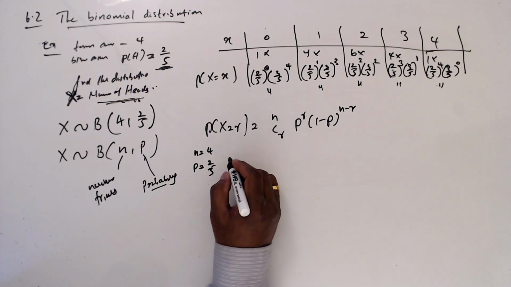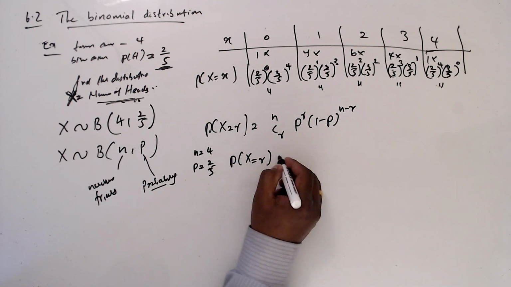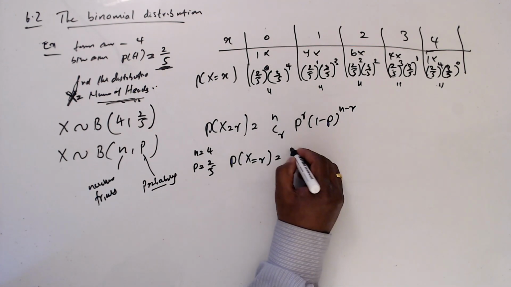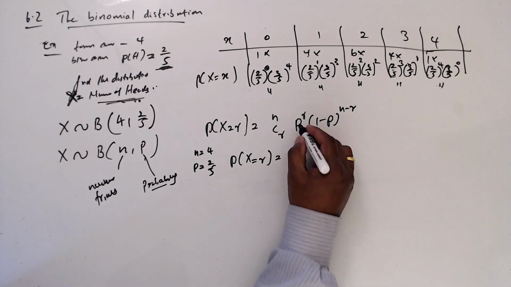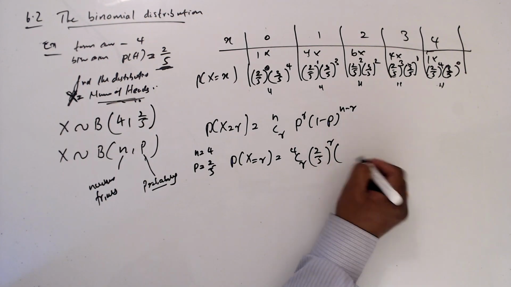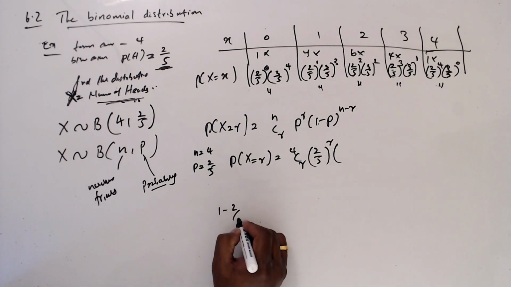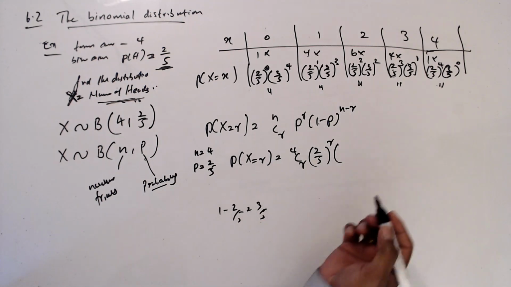So then the probability of X equals r is still the same. n we know is 4, 4Cr, p we know is 2 out of 5 to the r, and 1 minus p, so 1 minus 2 out of 5 means 3 out of 5.